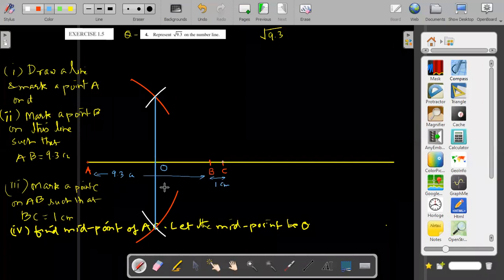Then next step, I will write here fifth step.